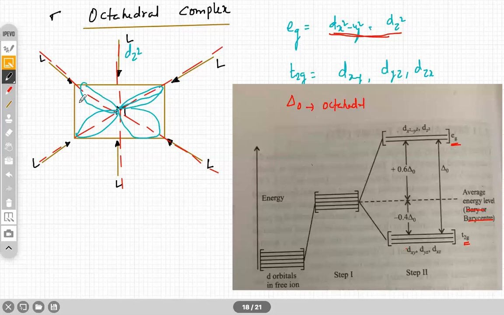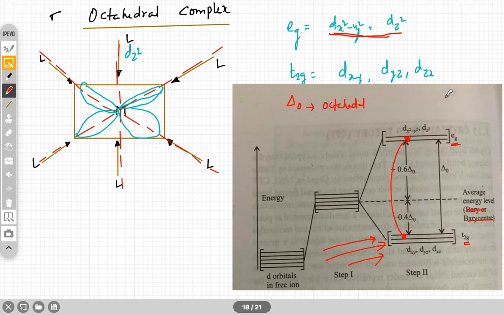Then what you do, you just provide some energy with the help of light on this complex, right? Electrons take up this energy and jump to the higher energy level. Energy is provided so that this transition takes place, right? So this energy we can find out by CFSE, right? And this energy is equal to what?